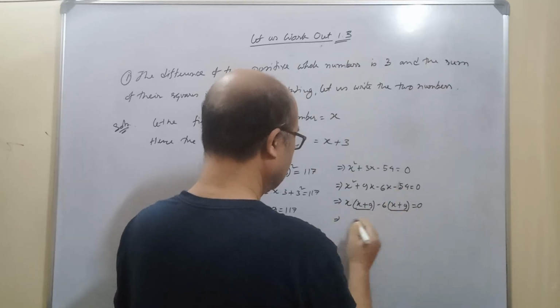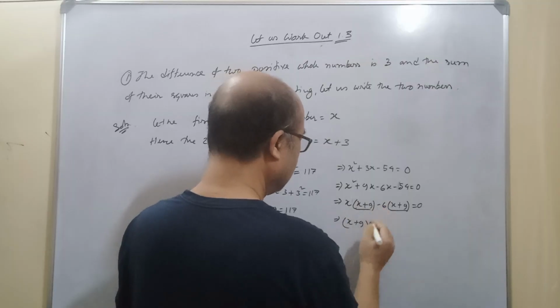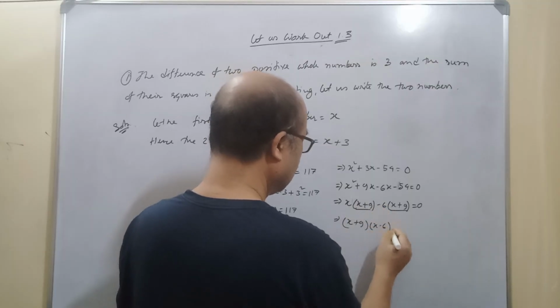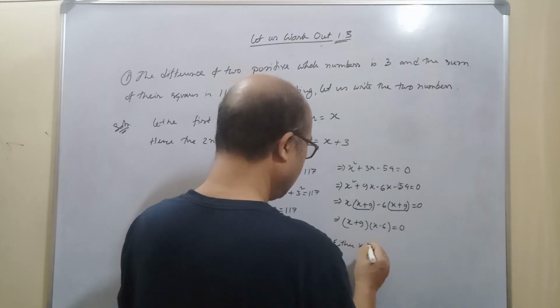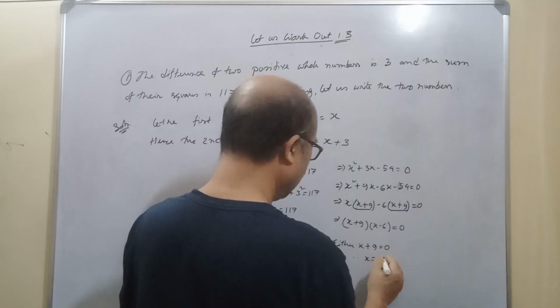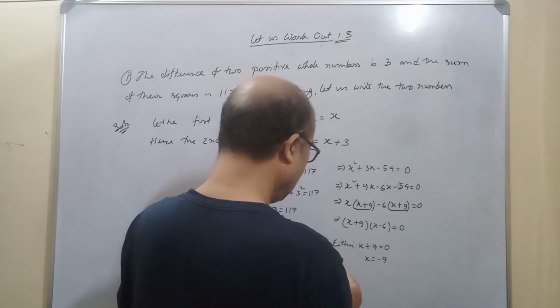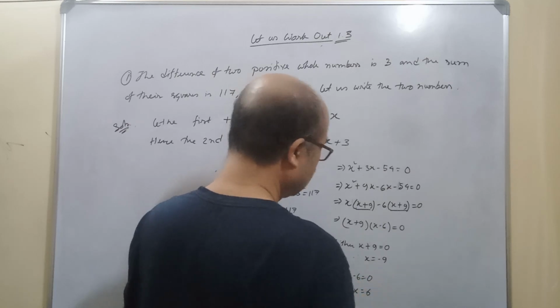This is common, so we take common x plus 9 times x minus 6. Hence either x plus 9 equal to 0, hence x equal to minus 9, or x minus 6 equal to 0, or x equal to 6.